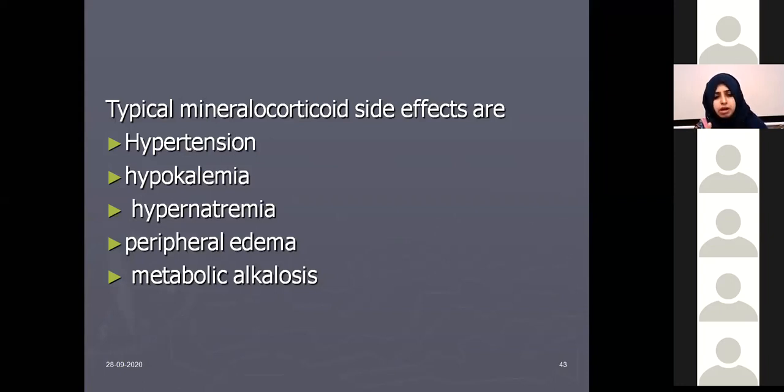When both of these are absorbed, there is a potential to cause edema, and definitely the minerals will be disturbed. Whenever we talk about mineralocorticoid side effects, always remember, whenever there is hypernatremia, there is always hypokalemia. With more sodium there is more water, more edema, and a risk of hypertension.